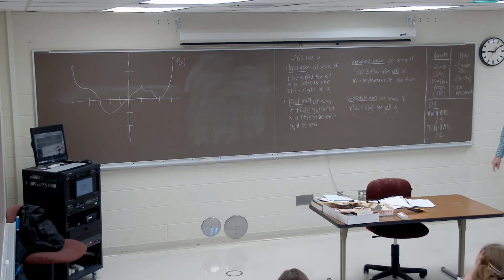If you feel like you have answers for all of these, turn to one of your neighbors and make sure that they agree with you. Is the y value at that point less than all of the y values a little to the left and to the right?